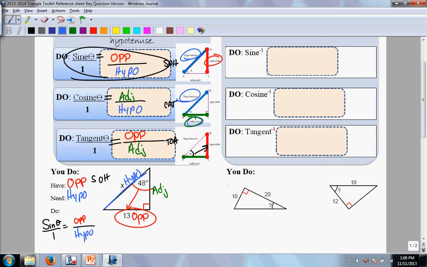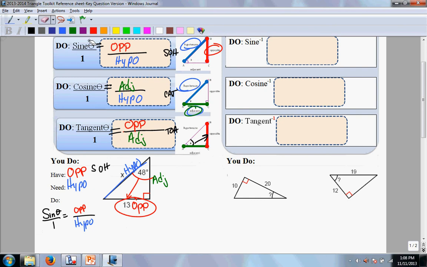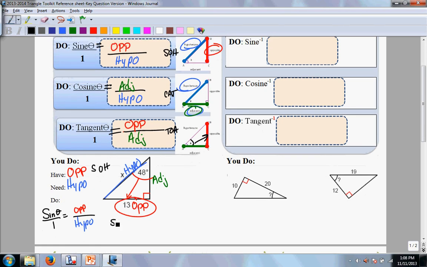You want to get that copied down. Now you do circle, plug, chug. So in this case, it is sine of theta is 48 degrees.